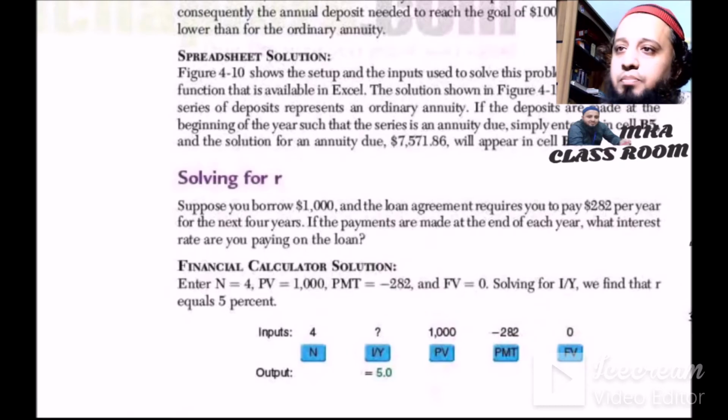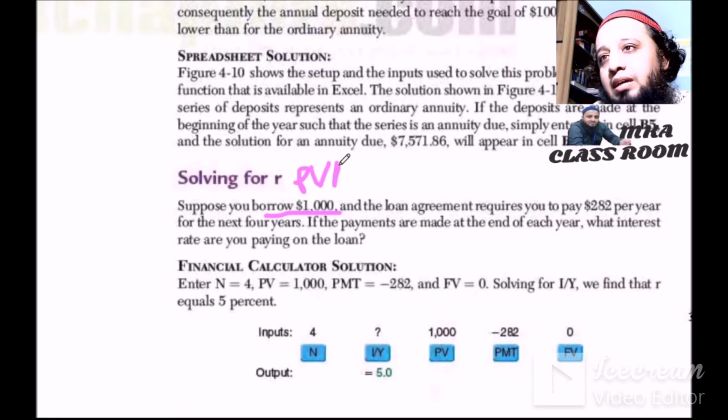Here I said, suppose you borrow 1000 today. You are borrowing this amount today. So that should be our present value, PVA, present value of annuity.